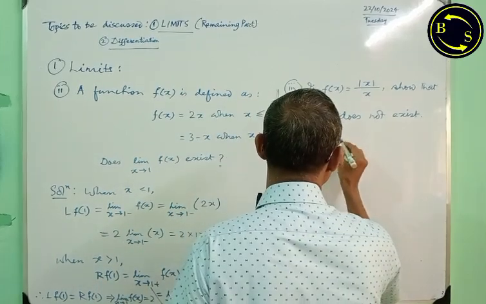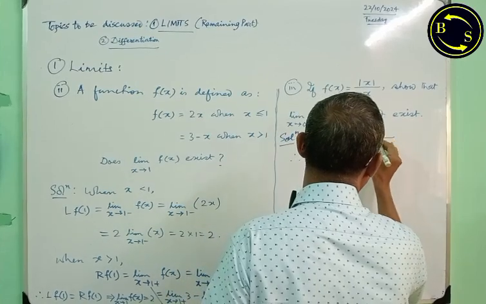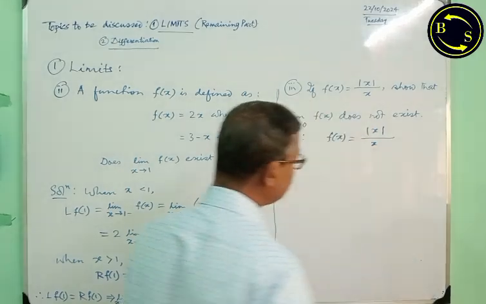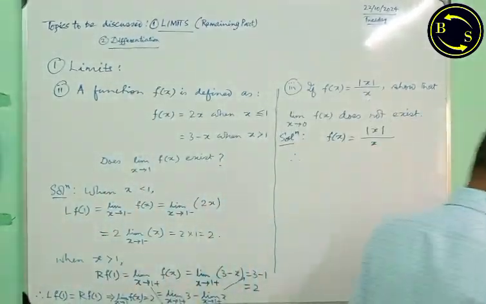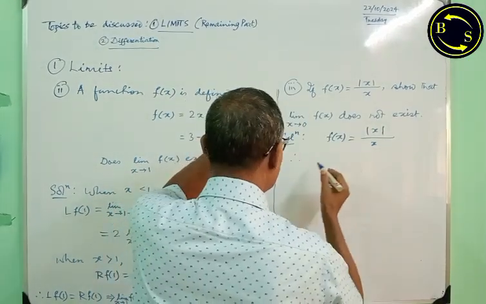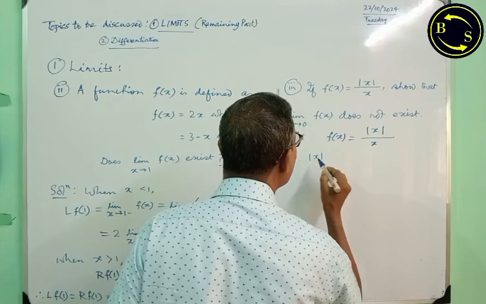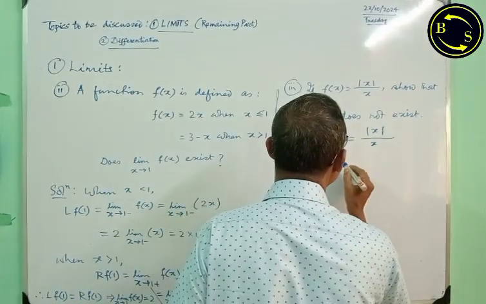f x equal to mod x by x. I think students, you have learned mod x. We read it as mod x, that is actually absolute value.